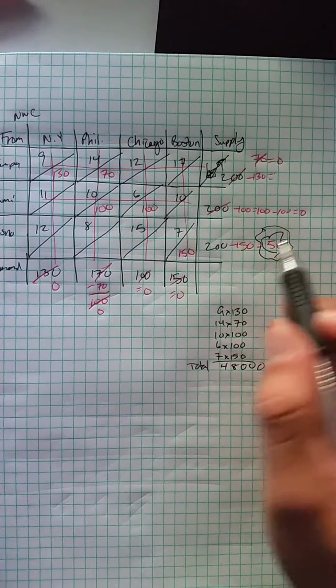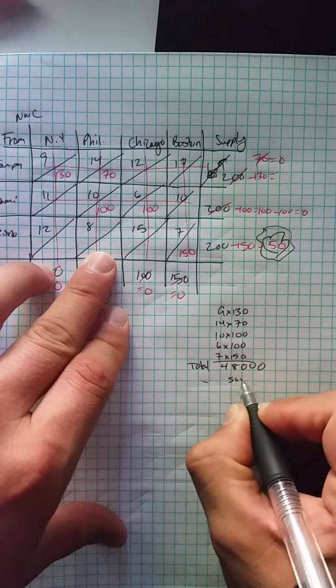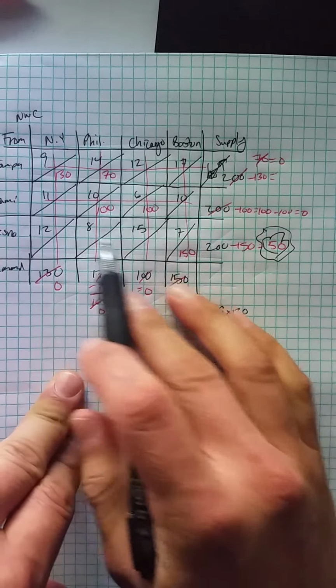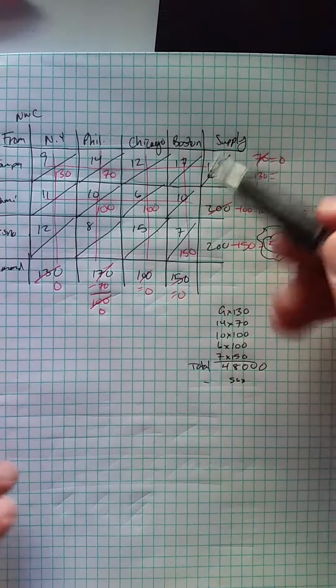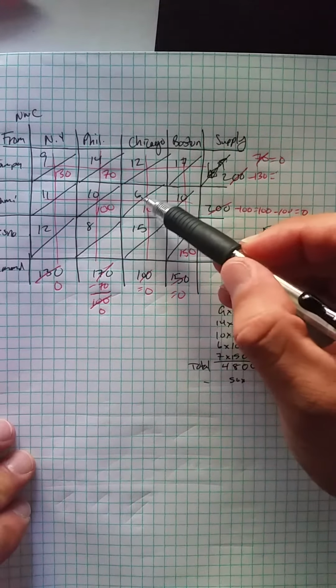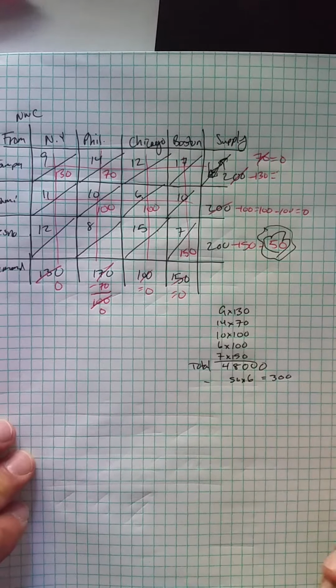So we have 50, so we have to subtract 50 times the lowest cost on this chart that's given to us. And we can see that 6 is actually the lowest cost, which will equal 300, right?